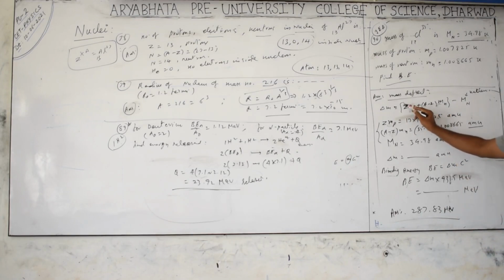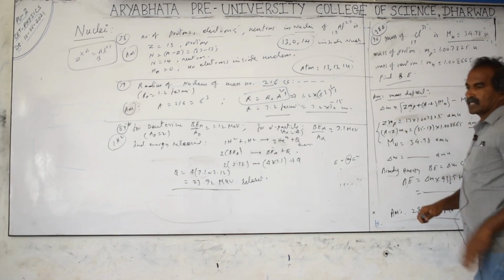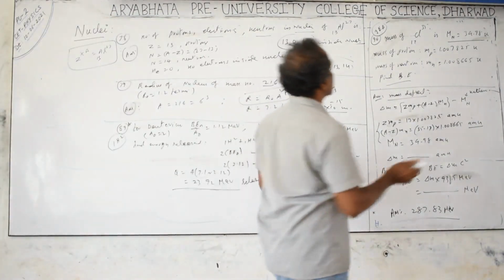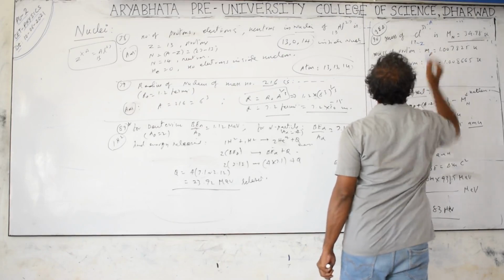So Z number of protons is the total mass of the protons: number of protons into the mass of each proton, plus number of neutrons into the mass of each neutron. Number of protons Z is 17, and A is the mass number.